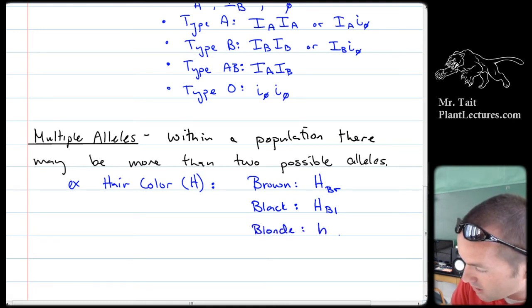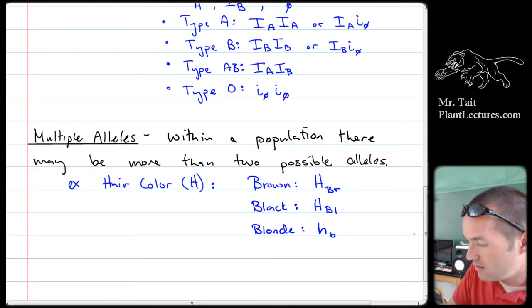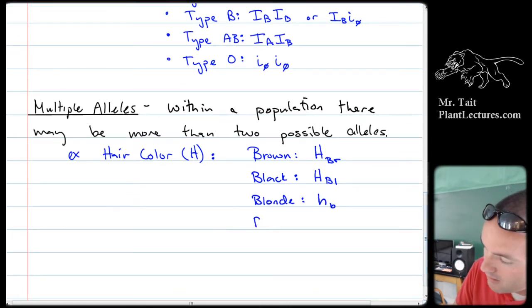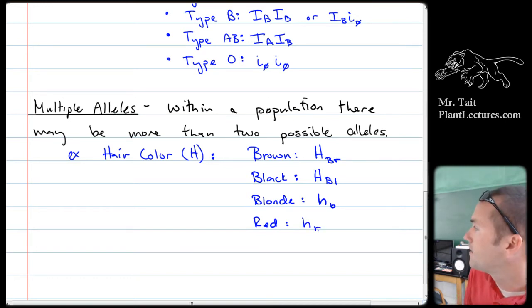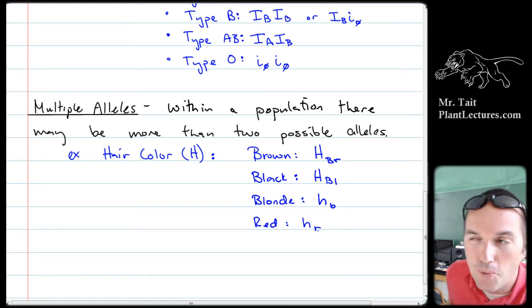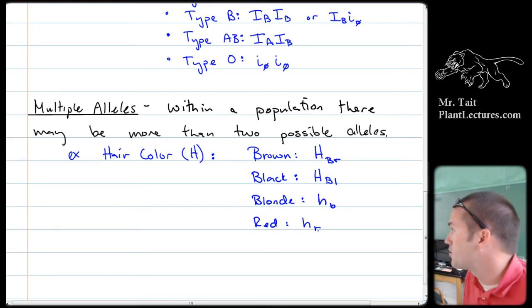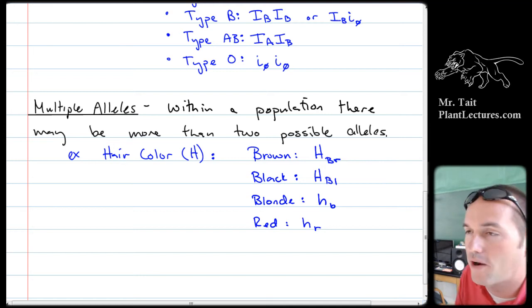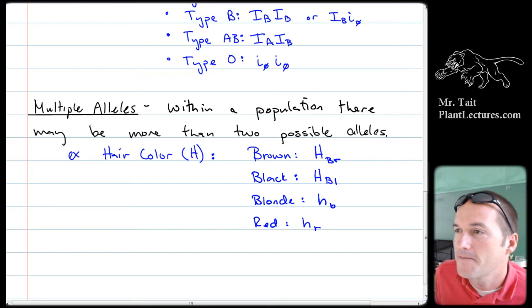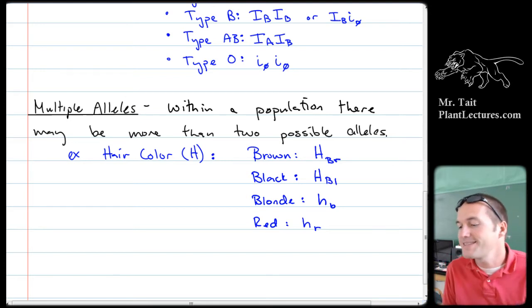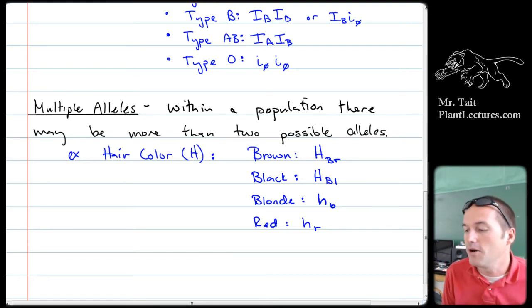We're going to say that's little h sub b. And people who have red hair, we're going to say that's little h sub r. Okay? So, what happens if a person inherits one allele for brown and one allele for black? What color hair do they have? Brownish black.